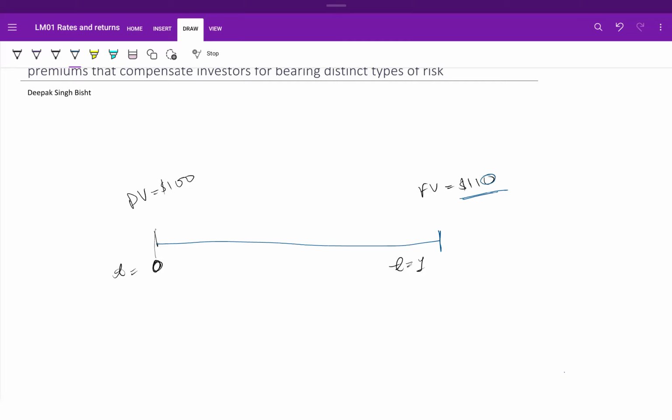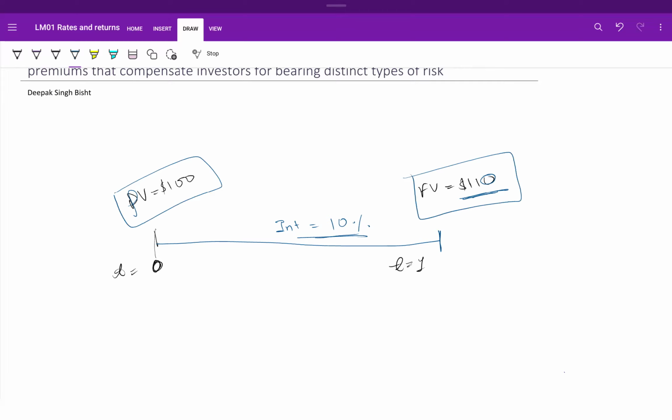And here, the important factor is the interest. So interest here is 10%. And this is how in future your invested $100 becomes $110. So if I ask you whether you want $100 today or $110 after 1 year, you can prefer anything, because this is what the time value of money concept is.